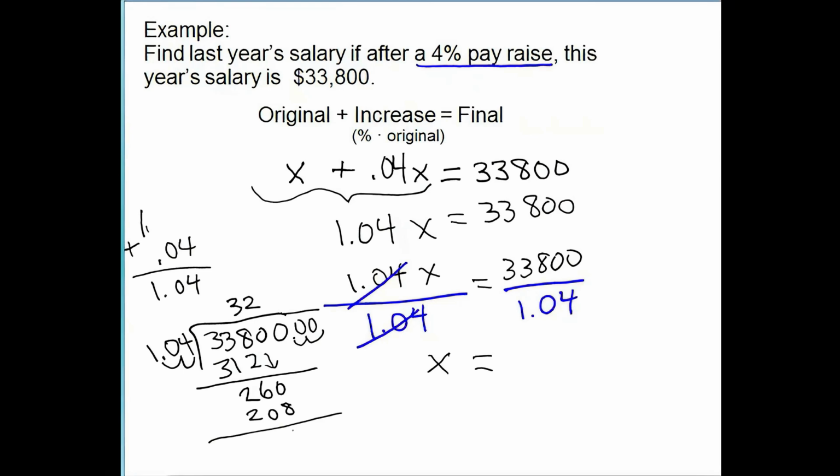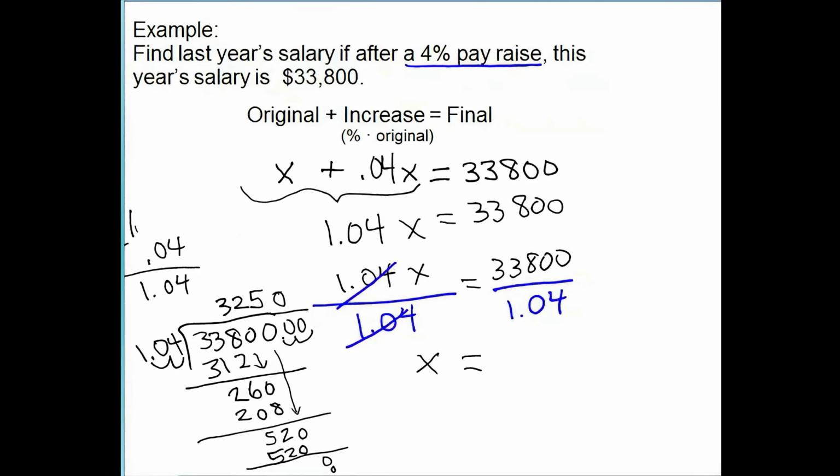And subtract, bring down, and 104 into 520 will go 5. This one's going to go even. I'm going to run out of space here. But since it went even, these other zeros are just going to go 0. So I'm going to be able to get all the way to the end. And then you would have 0 again.